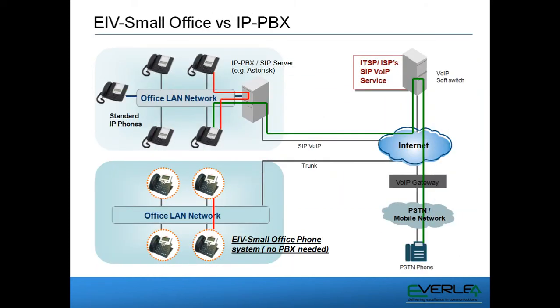If we compare the EIV-Small Office to a traditional IP PABX, each of the traditional IP PABX extensions need to go through the SIP server that is on site before it can be transferred or can communicate to another phone. Whereas the EIV does not have to go through any server whatsoever. It simply is communicating to each other.